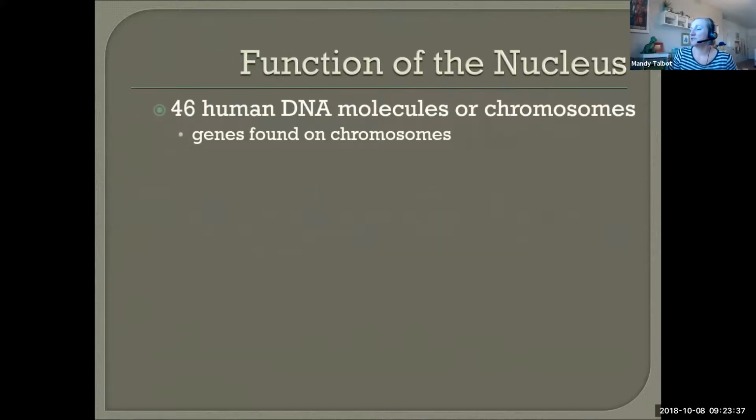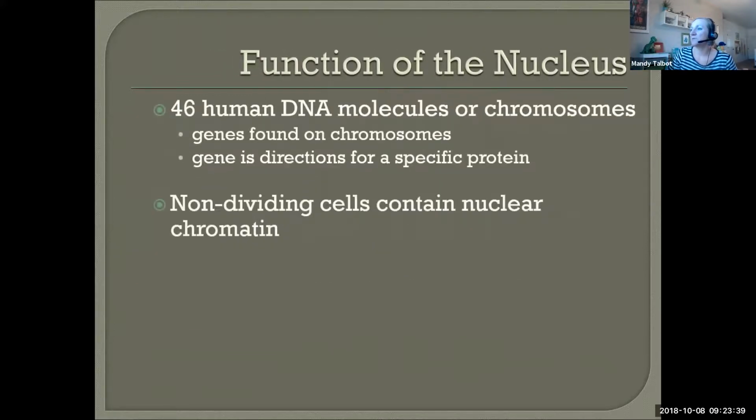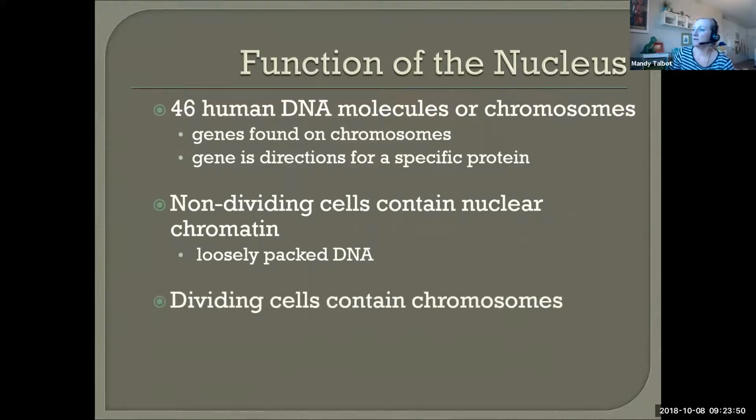All right, so the function of the nucleus, we kind of went through that. We've got 46 chromosomes. Let's see, you guys can read through that. They're going to package into chromosomes before they divide into meiosis or mitosis.